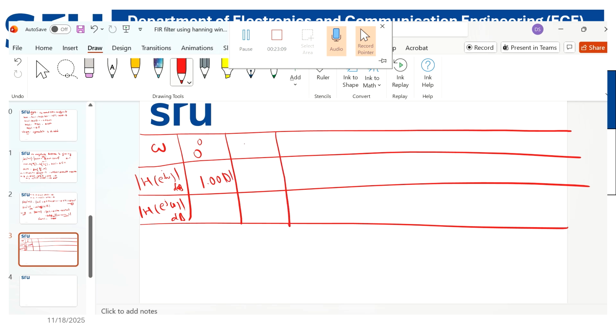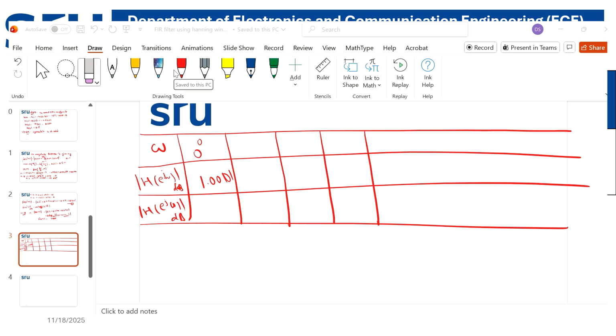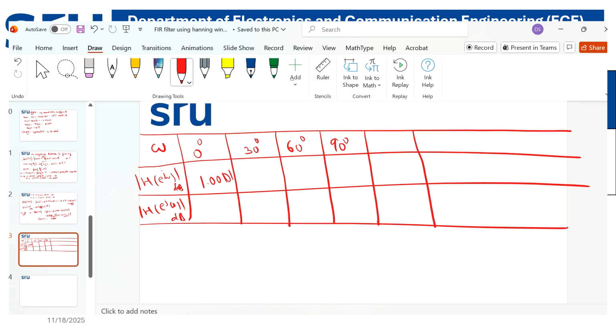Next, omega is equal to 15 degrees. Next, omega is equal to 30 degrees, 45 degrees, and so on. Then 30 plus 30, 60 degrees, 90 degrees, 90 plus 30, 120 degrees.